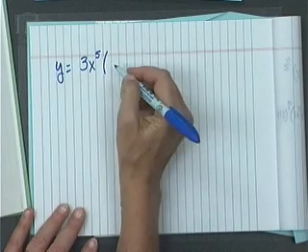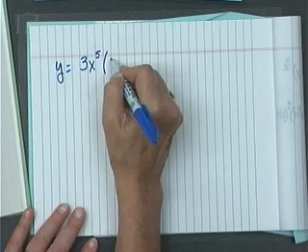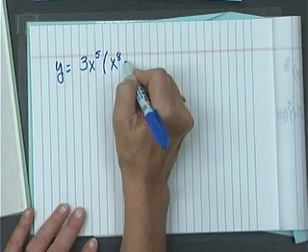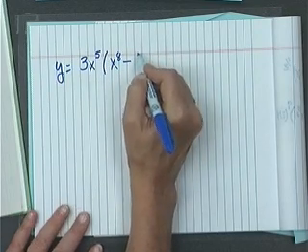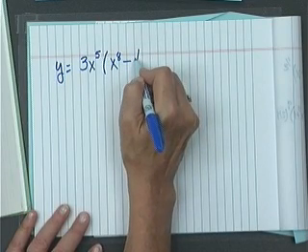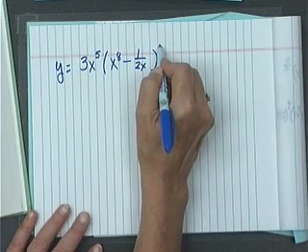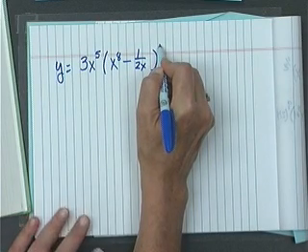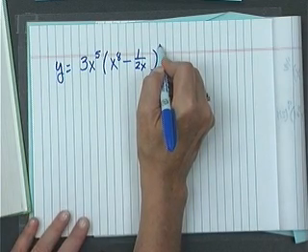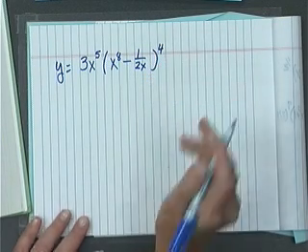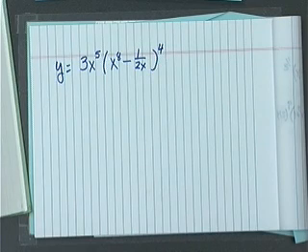Times x to the 8th minus. Okay, this is going to be really hard. 1 over 2x raised to the 4th? Okay. To the first. No, that'd be too easy. All right, go for it. Get it right, everybody.